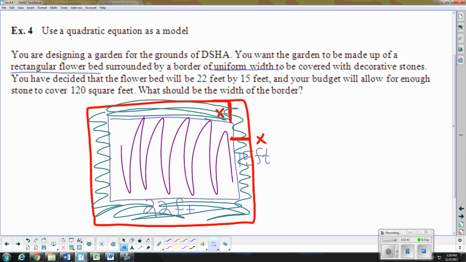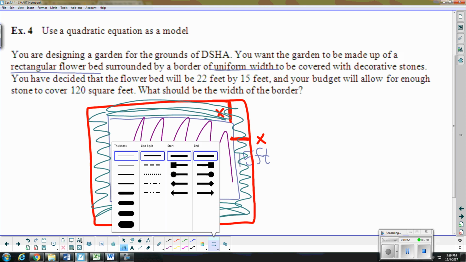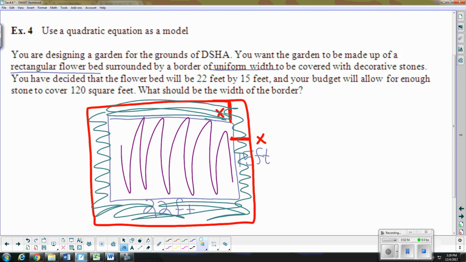So what's my area of the flower bed? Just the flower bed, just that purple region? That's going to be 15 times 22.